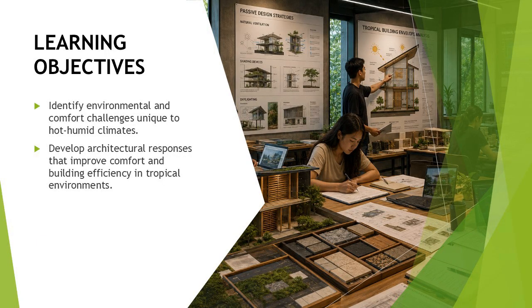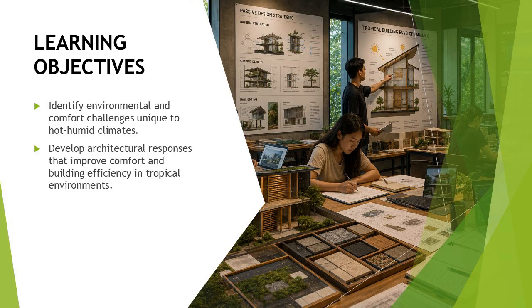The objectives of this module focus on understanding environmental performance at the building component level. As architects, we must move beyond aesthetics. A beautiful building that performs poorly environmentally is ultimately unsuccessful.